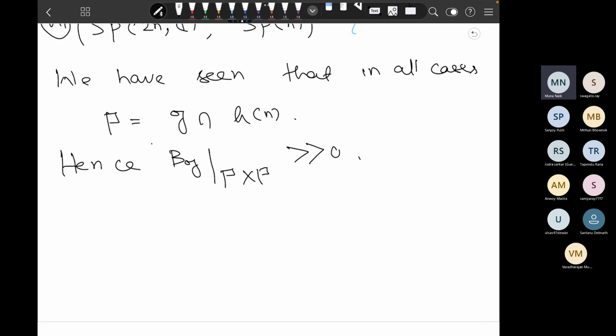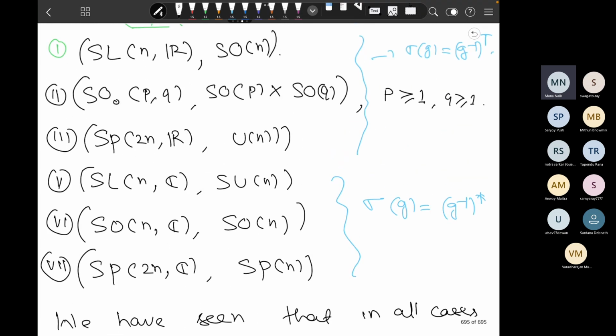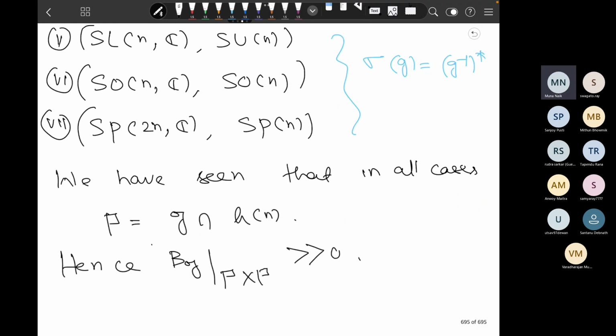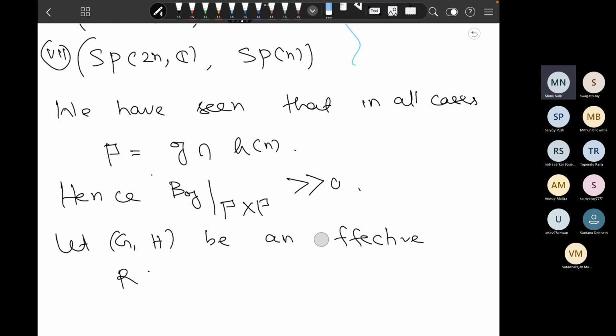One thing we have to show is that the Riemannian symmetric pairs which we have listed above are effective. Let G comma H be an effective RSP listed above.